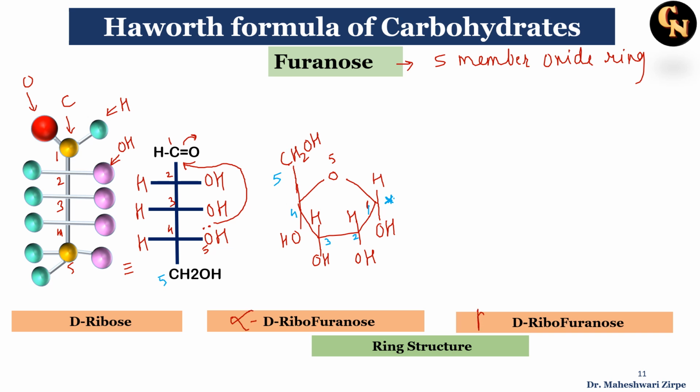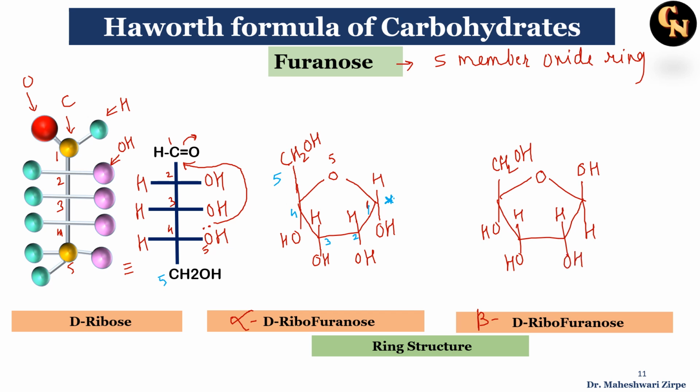Similarly, I can draw the beta form of D-ribofuranose. Simply, I have to change the position of the OH on the anomeric carbon. If my anomeric carbon OH is at the top, above the plane, then you will be getting the beta form of D-ribofuranose.